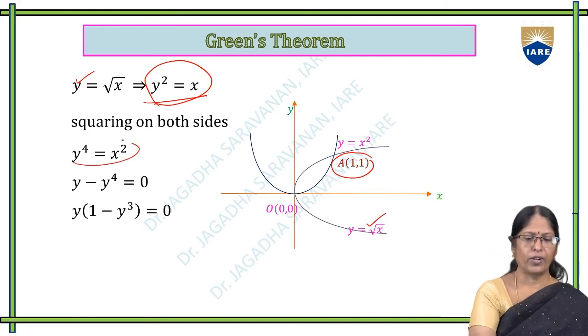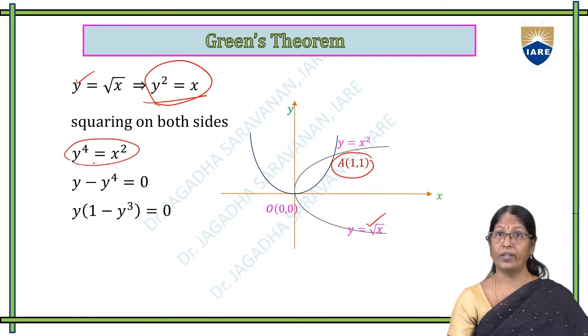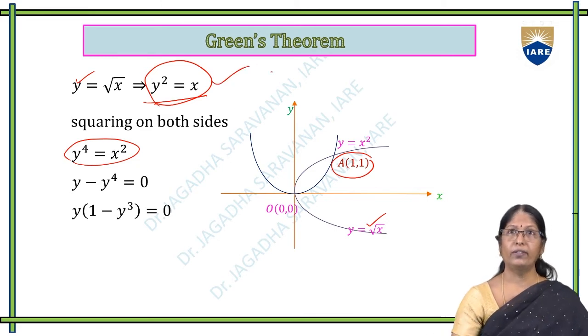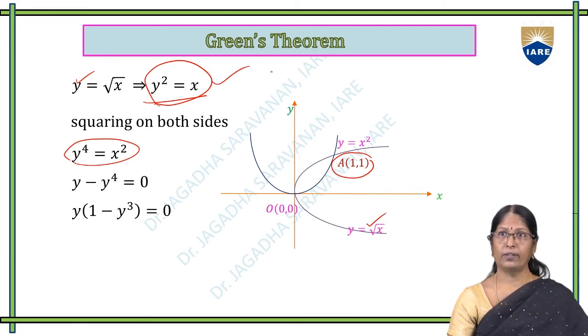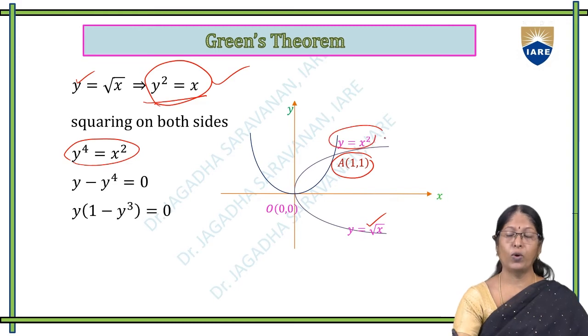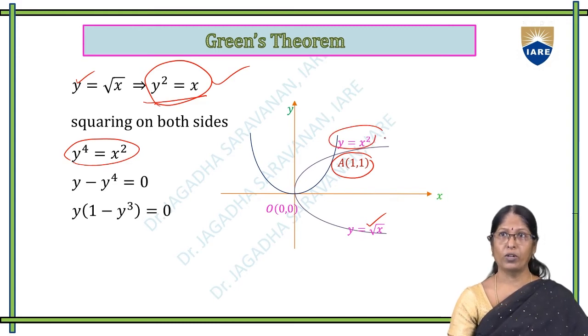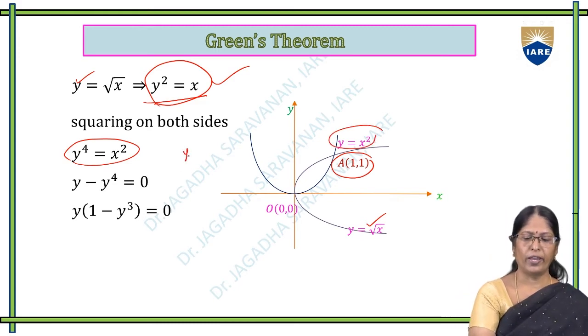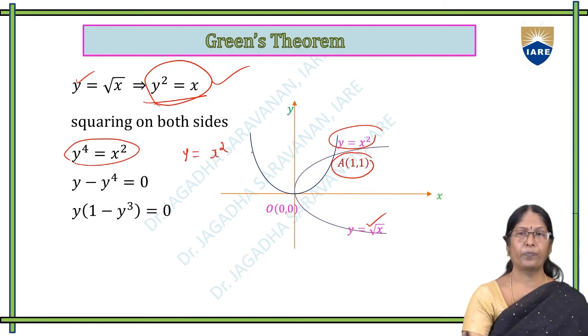This part is very clear, that we did squaring on both sides. And the next curve is y equal to x square. One more curve is there, that is y equal to x square.